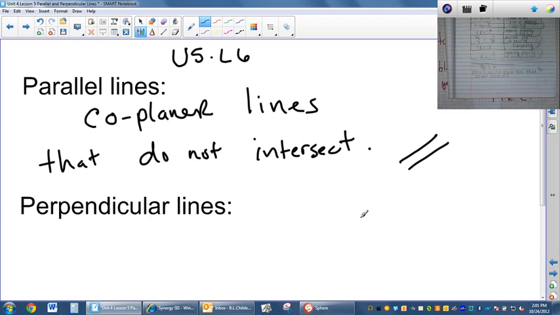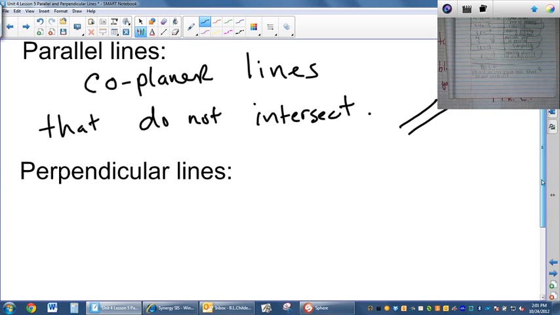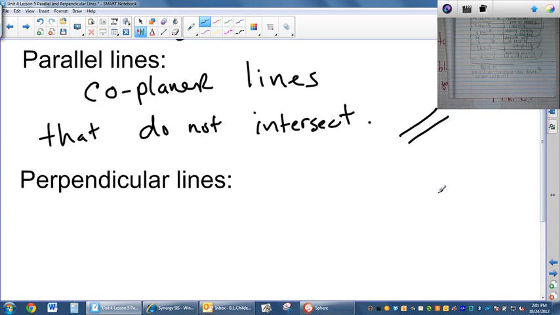My guess is if they were horizontal, it looks like an equal sign. If they were vertical, it looks like two L's, or two uppercase I's. Does anyone remember what are perpendicular lines?